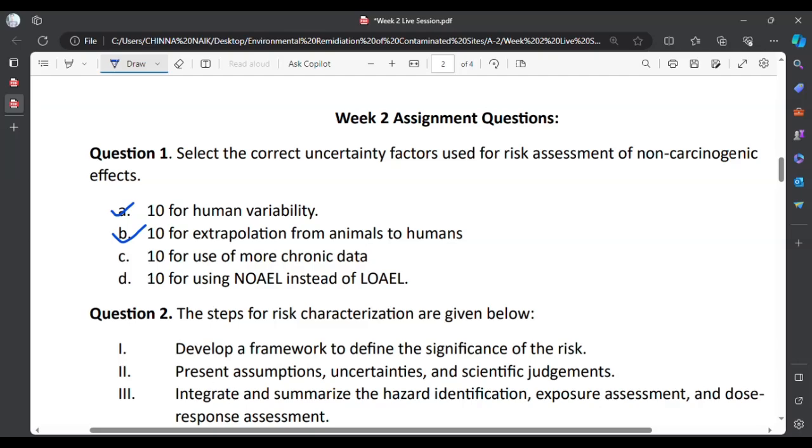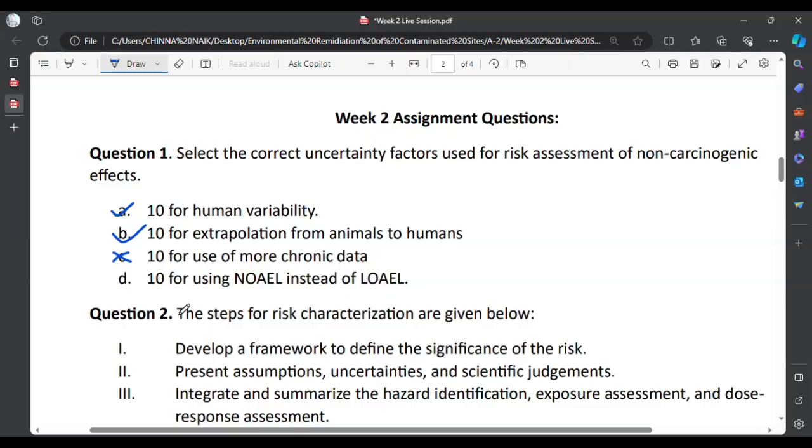Am I audible? Okay, so option C is false. Uncertainty factor 10 is used for less than chronic data. Here they mention more chronic data, but actually it is less chronic data, so this one is wrong, false.